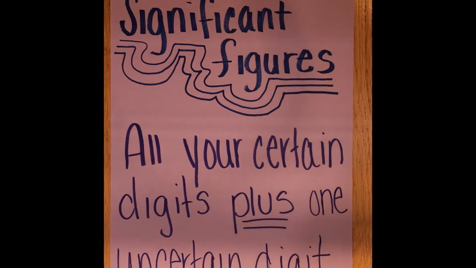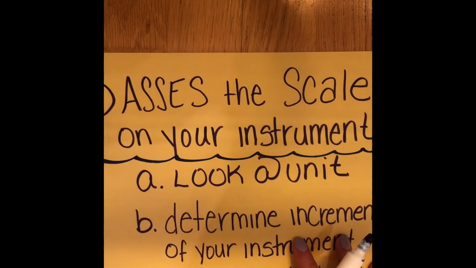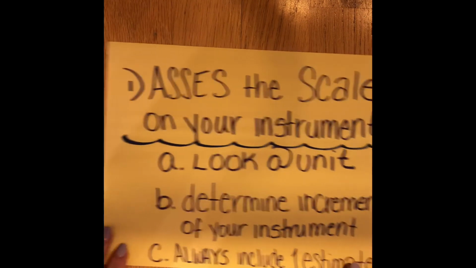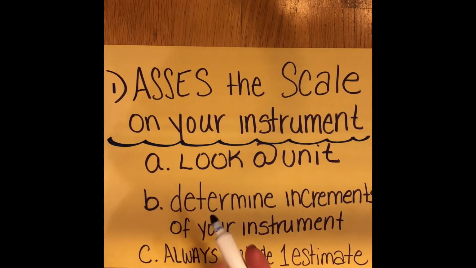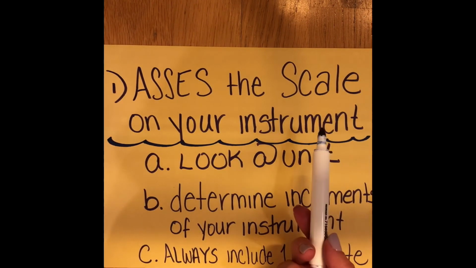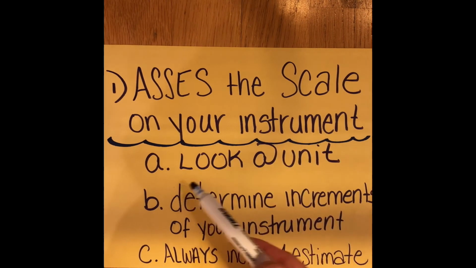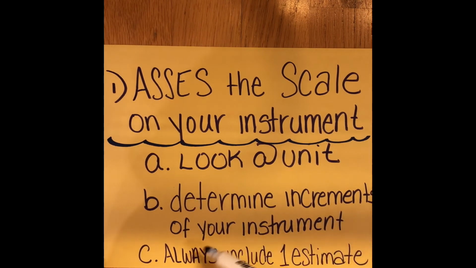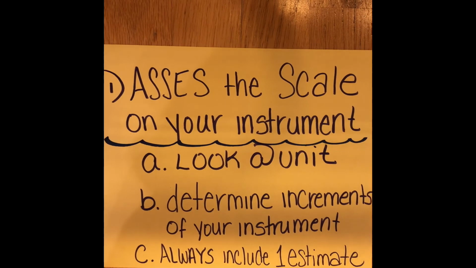Let's also talk then about how you can think of the rules. The first thing you want to do is assess the scale on your instrument. We also call it a device or a tool. So remember we said look at the unit, determine the increments of your instrument, and always include one estimate beyond your scale's increment.